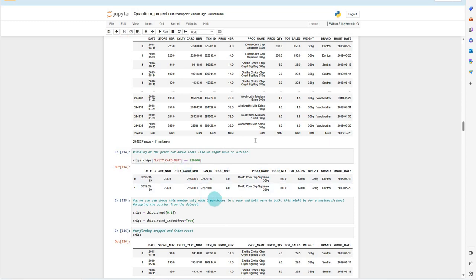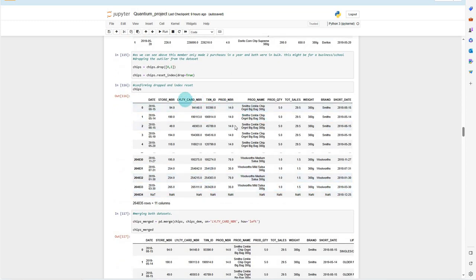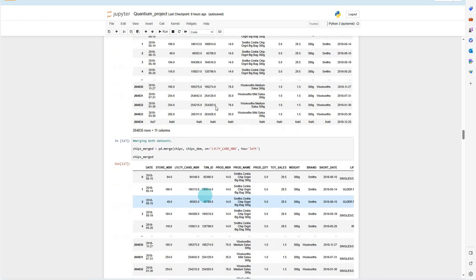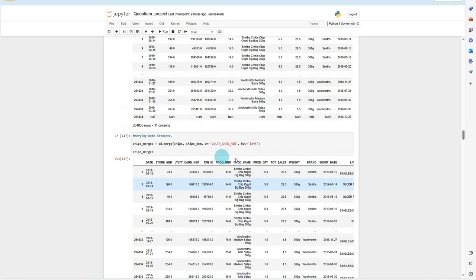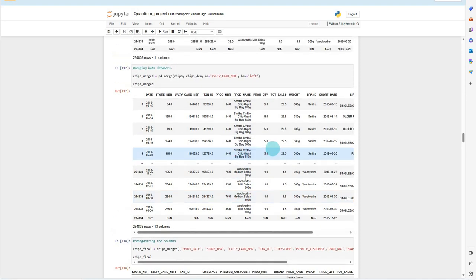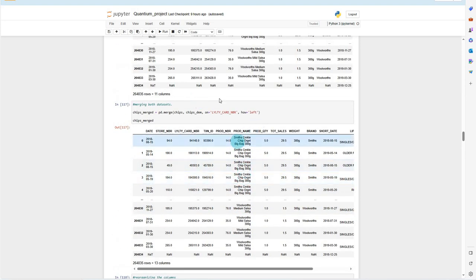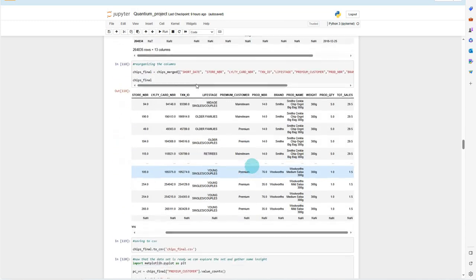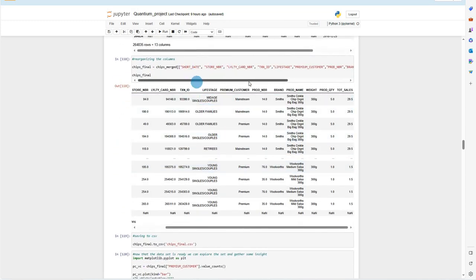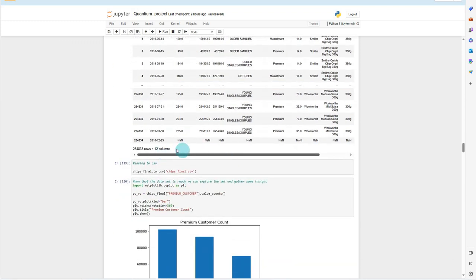So I decided to remove this outlier, and just confirming that I dropped it. It was removed, and I reset the index for it. And since it was all clean and ready to go, I merged the 2 data sets together. I reorganized the columns, kept the columns that I wanted, because I had to create some additional columns to finally get certain columns that I wanted.